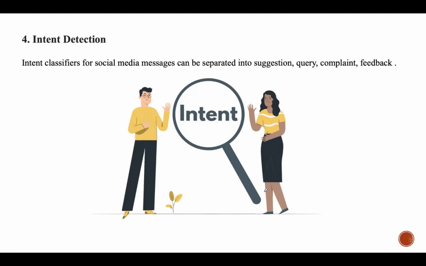If you take an example, intent classifiers for social media messages, they can be separated into suggestion, query, complaint, or feedback. More appropriate tags for analyzing customer feedback include interested, disinterested, subscribe, and unsubscribe.